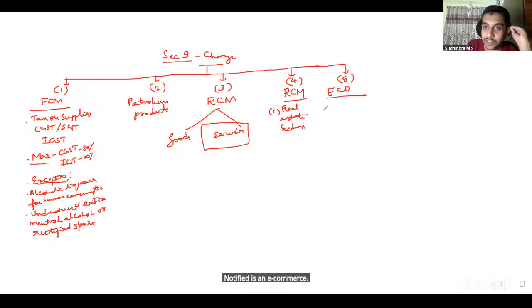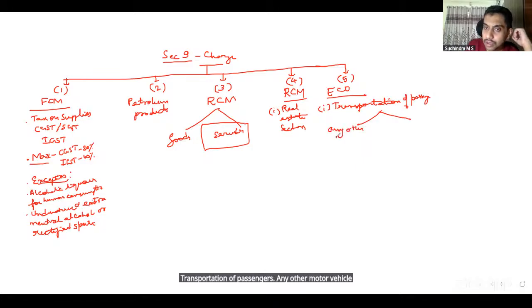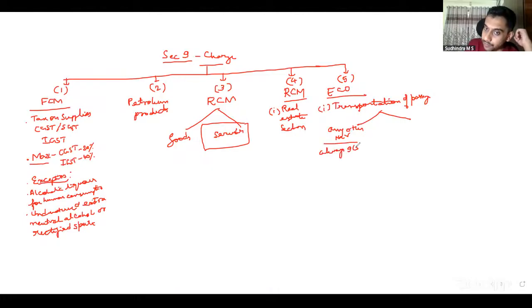E-commerce operators, notified services, transportation of passengers. Transportation of passengers by any motor vehicle other than omnibus is always 9.5.